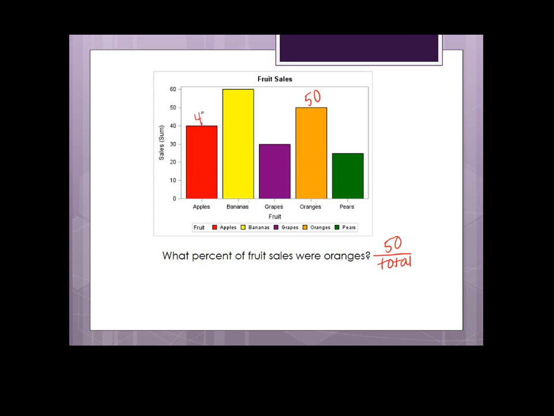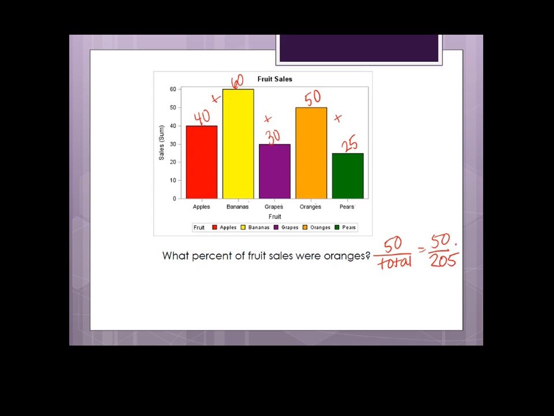So there were 40 apples, 60 bananas, 30 grapes, we already said 50 oranges, and that looks like 25 pears. So if you add all of those together, you get a total of 130 plus 50, 180, 205.